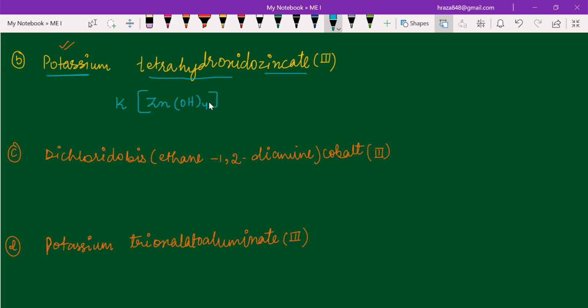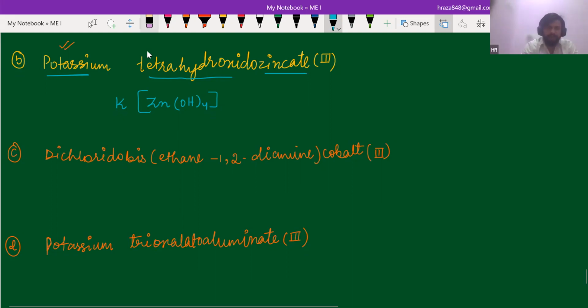Yes, sir. Can you calculate the oxidation state of zinc? No, wait a minute. Correct. There was parenthesis. This bracket shows the oxidation state of the central atom.